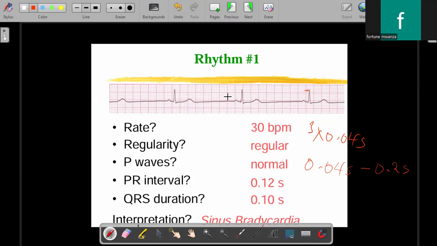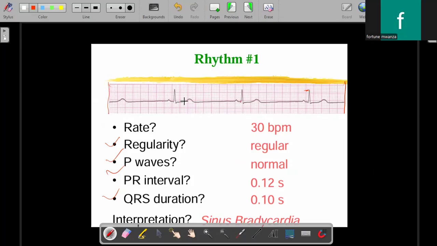Then the other thing you need to determine is the heart rate. Now all these are normal. You've seen it's regular, the P wave is normal, the PR interval is normal, and the QRS duration is also normal. But let's check the rate. This ECG was recorded over a period of 6 seconds.